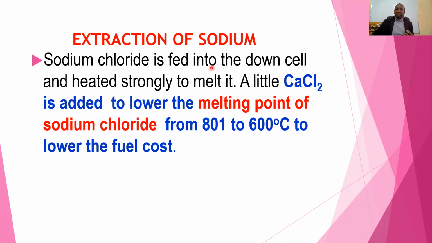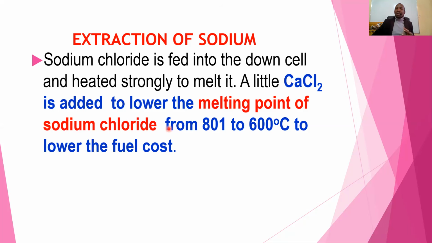You may mention the temperature range, but it's not a must, because if you do, it has to be specific. The most important point is to say it lowers the melting point of sodium chloride.